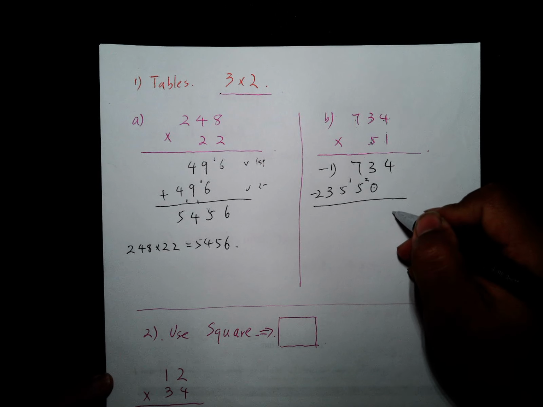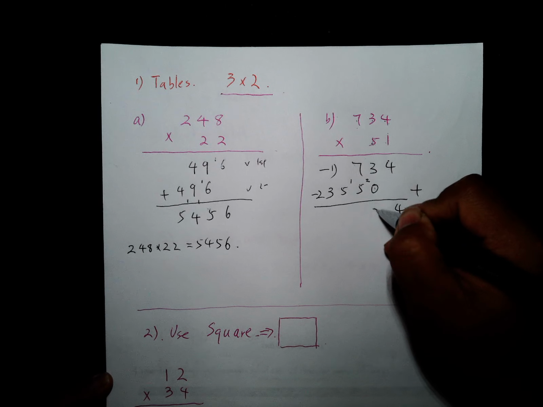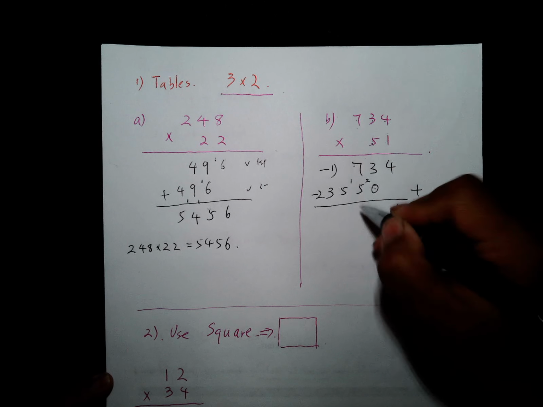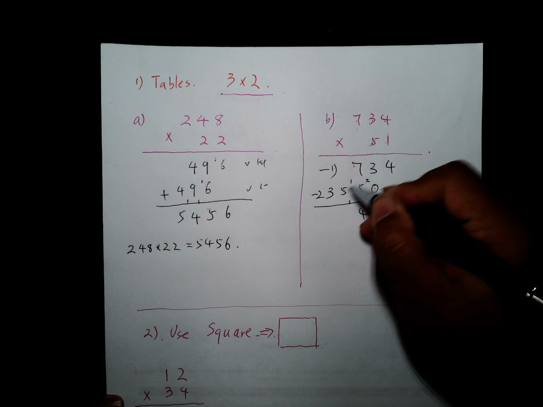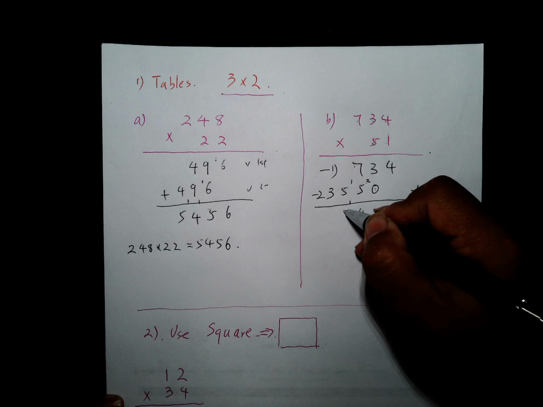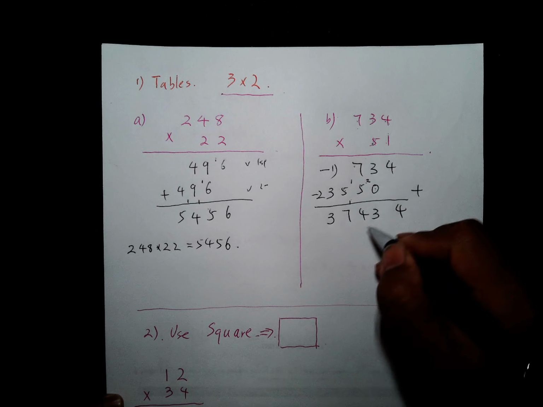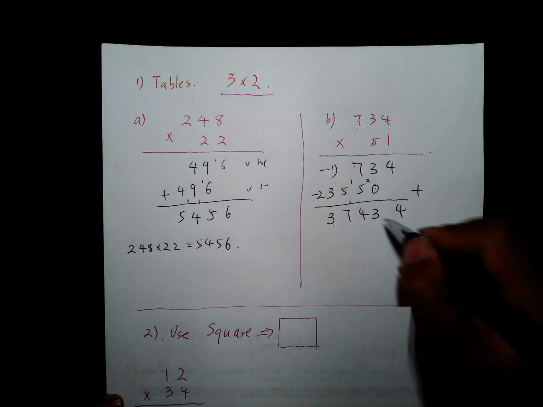Okay, so plus. 4, 3, 7 plus 2 plus 5 is 10 and 5 plus 1 plus 1 is 7, so 3. The total is 37434.